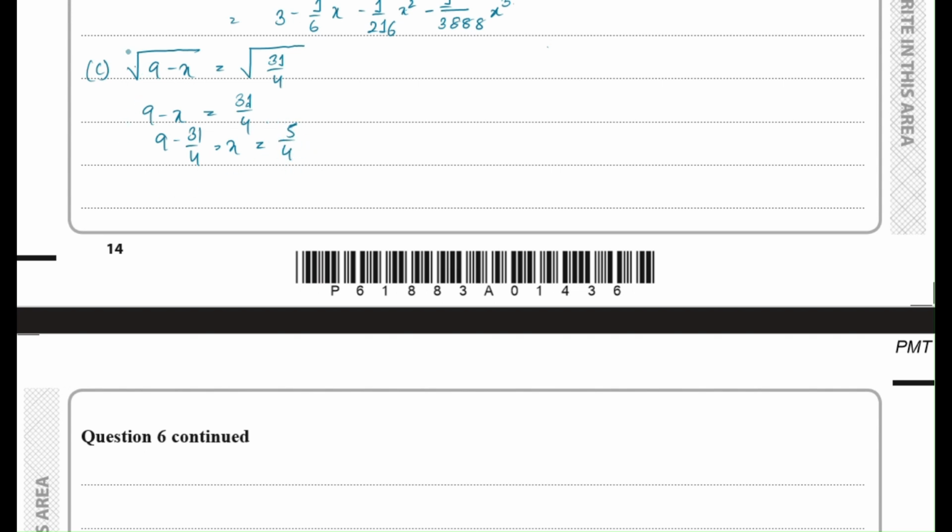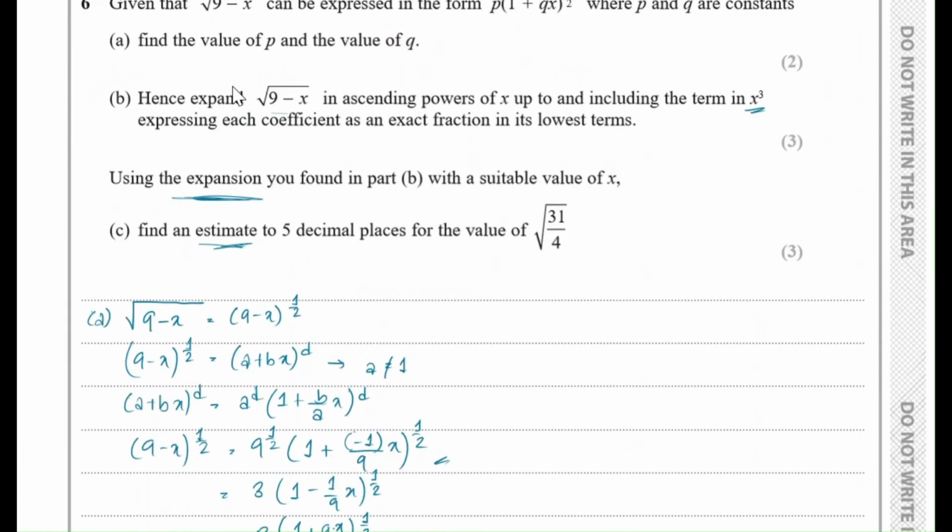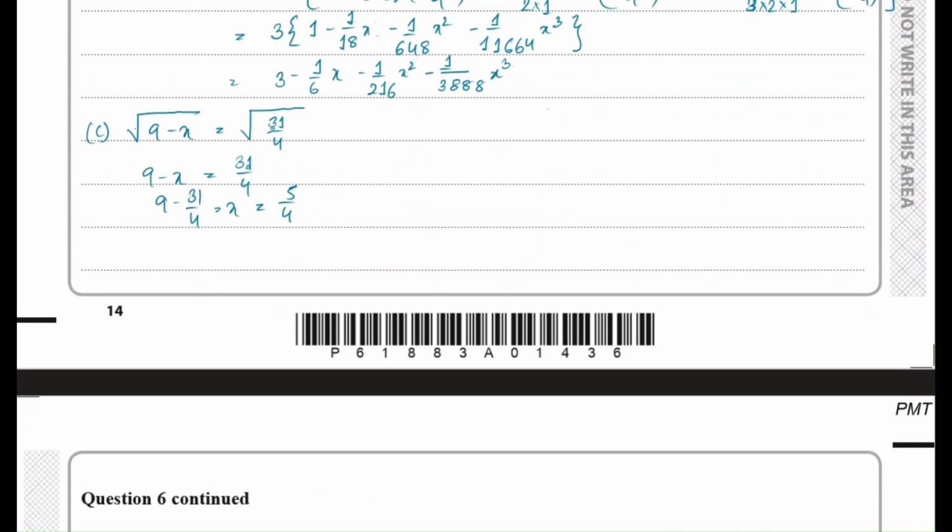And now we will put this value of 5 by 4 into the expansion, and we are supposed to get this value. Yeah, if you put root over 31 by 4, the value we'll get is the same value if I put 5 by 4 in this expansion that we did for root over 9 minus x, because this is an assumption, assuming that root over 9 minus x is equal to root over 31 by 4.